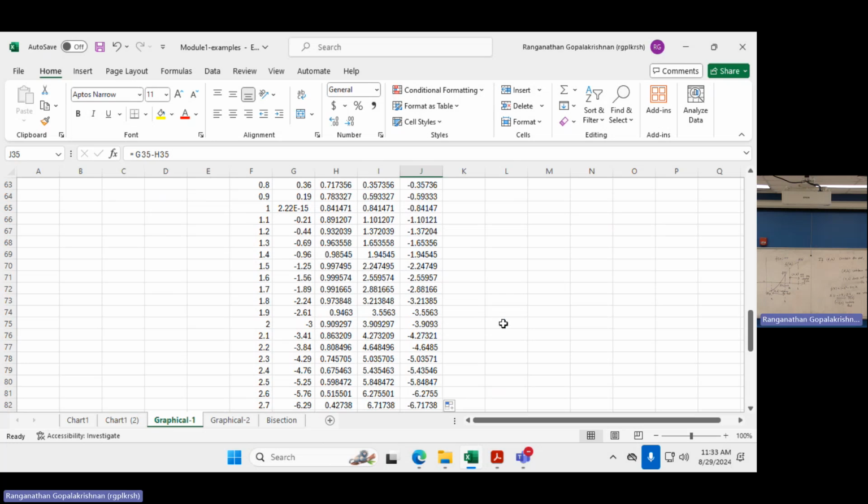Minus 3.0903, which is of course negative. So this also implies 0 to 2 contains a root.